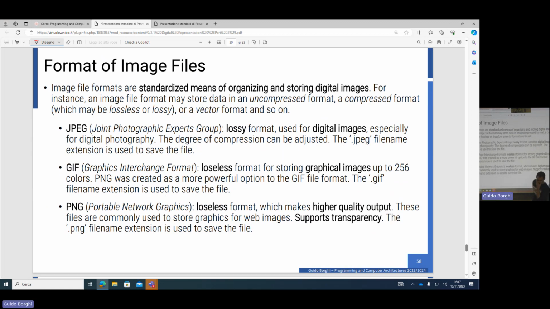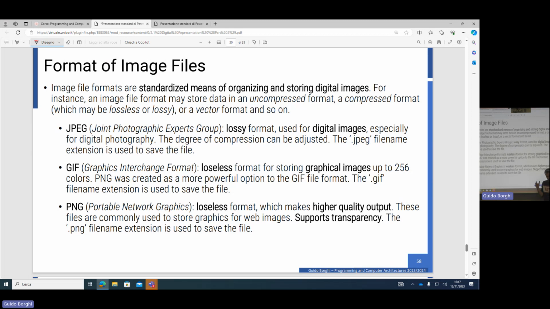So this slide is about how it's possible to save images inside a computer. An image can be stored in an uncompressed way, so we don't compress the information of the image, but we can also use a compressed format.